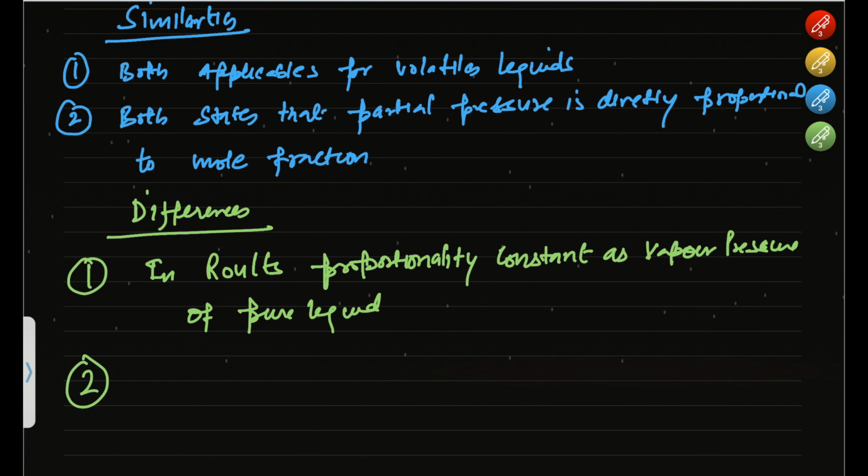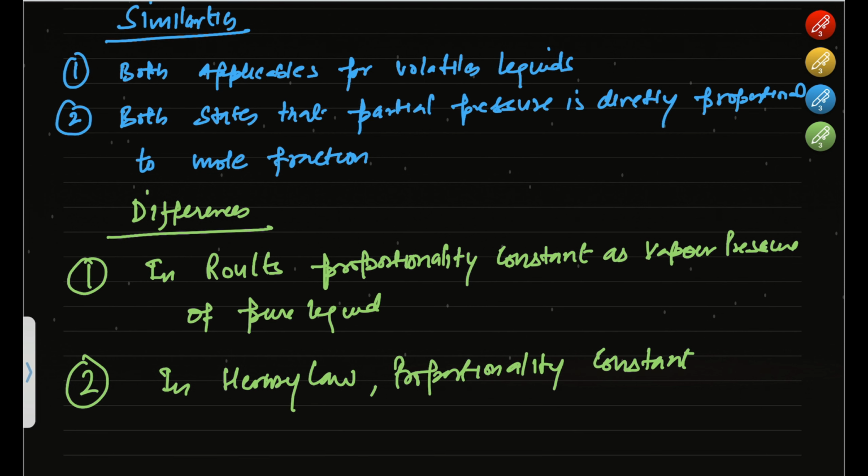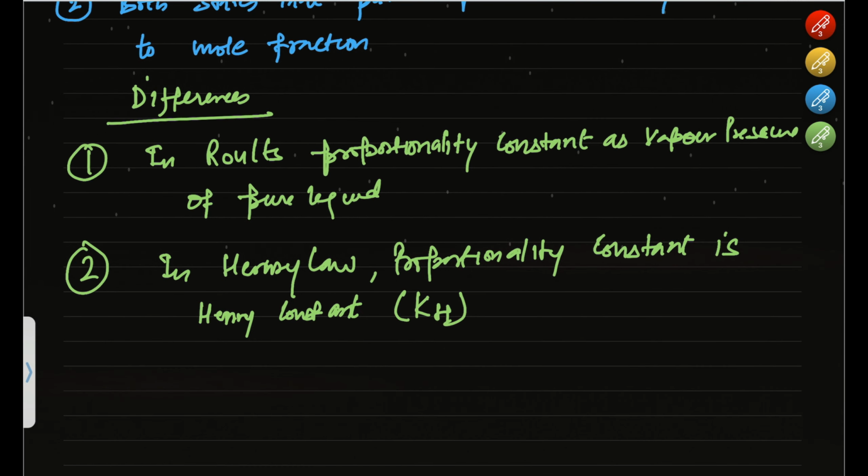The second difference: in Henry's law, the proportionality constant is the Henry constant, represented by KH.